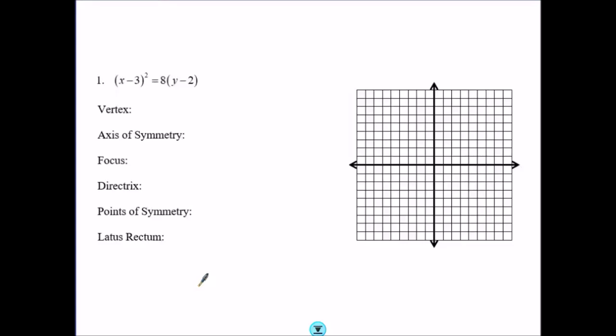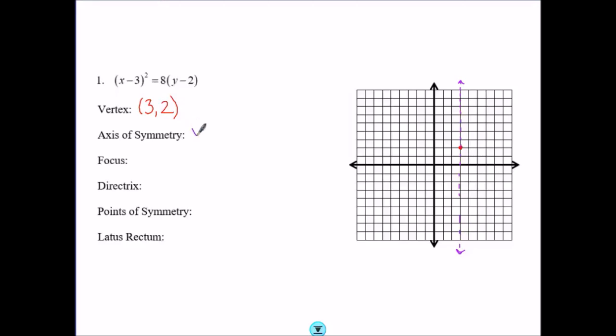Now let's look at some examples. Here we have an equation of a vertical parabola. We need to write all the characteristics and graph it. So first we need to find our vertex, which is the point (h, k). So that will be (3, 2). Then we need to find our axis of symmetry. The axis of symmetry is the vertical line that goes through the vertex.